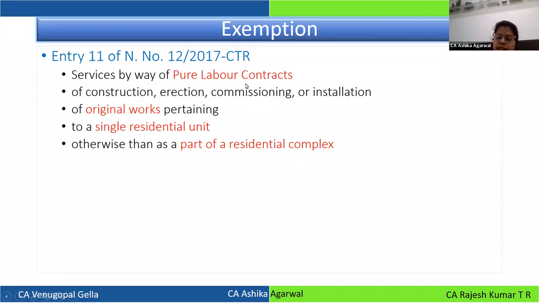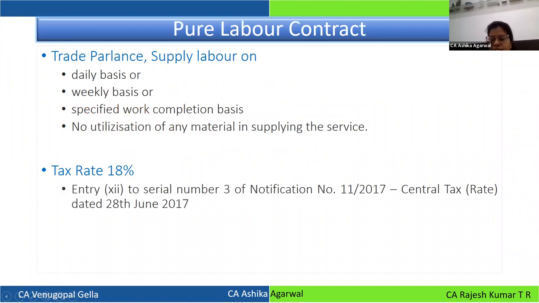Now, service provided by a pure labor contract. Pure labor contract is nowhere defined under GST. But normally, as common trade parlance, the way we use it is only provision of service, no material. Means there should be only a labor service. That labor service may be on a daily basis, weekly basis, whatever may be the terms.